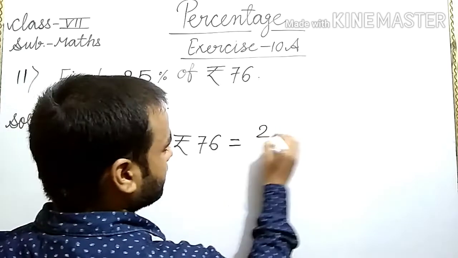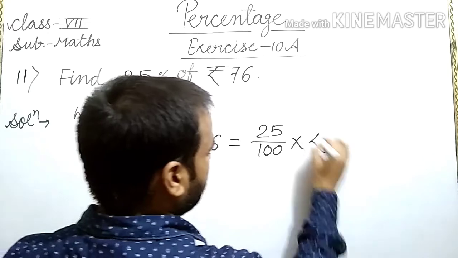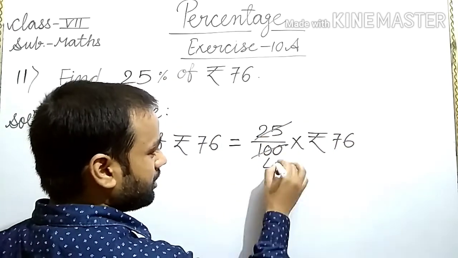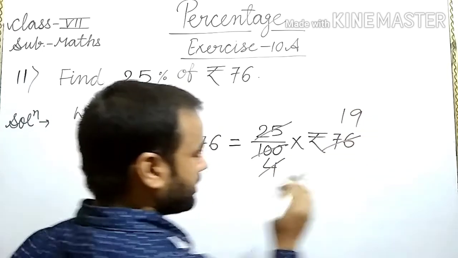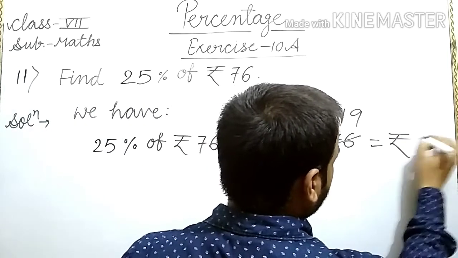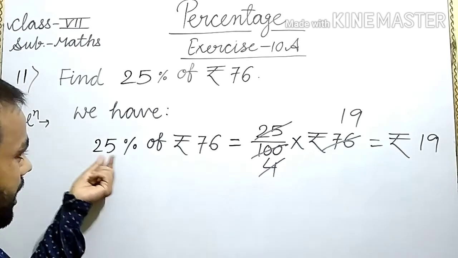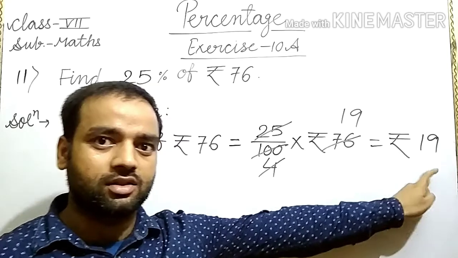Convert into a fraction: 25 upon 100 into 76. We know that 25 fours are 100 and 19 fours are 76. Is it clear? So lastly we get 19 rupees. Clearly we say 25% of 76 rupees is equal to 19 rupees.